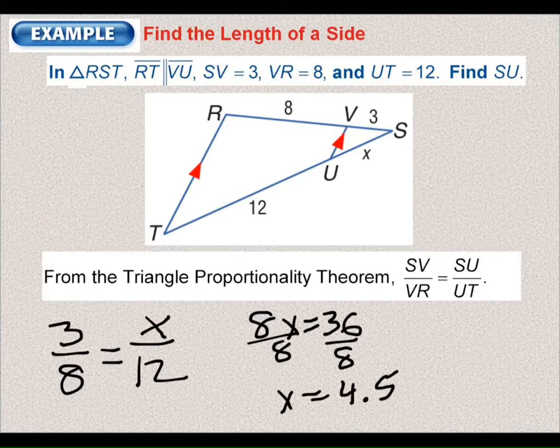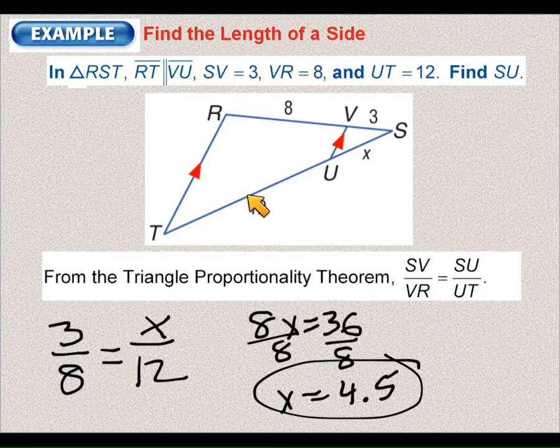So X is 4.5. Find out what SU is. Well, SU is just x, so it's 4.5. That's applying the triangle proportionality theorem. Two parallel lines separates it into proportional parts.